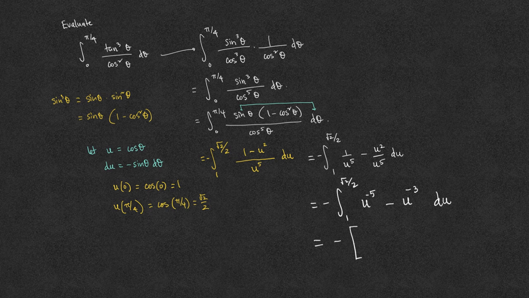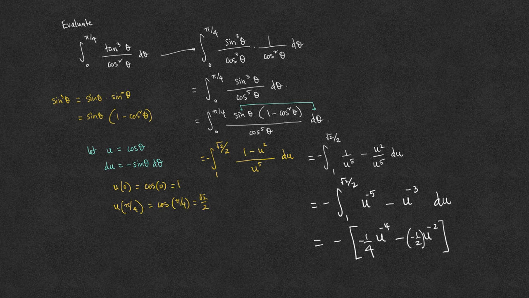The antiderivative of u to the negative 5 is u to the negative 4, where we add 1 to the power, and then we take the reciprocal of the new power, which is negative 1 over 4, minus the antiderivative of u to the negative 3, which is u to the negative 2, where we add 1 to the power, and we take the reciprocal of negative 2, which is negative 1 over 2.